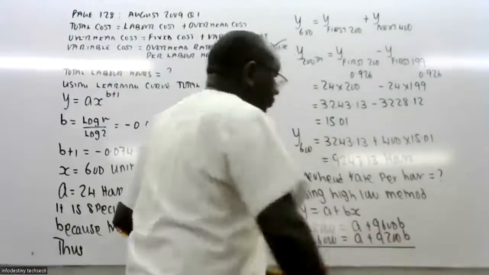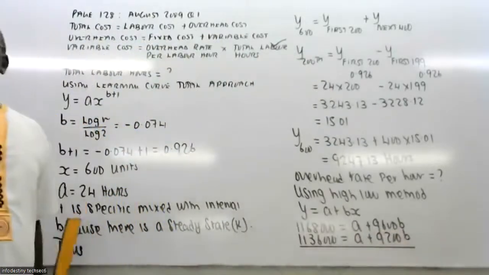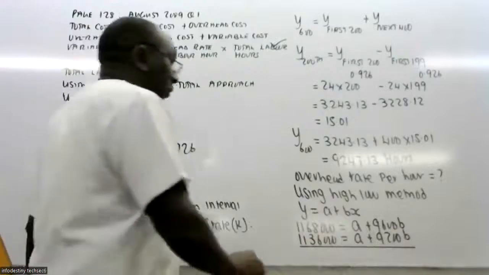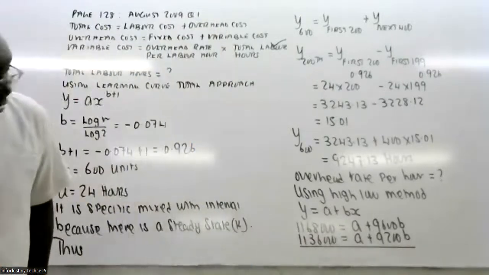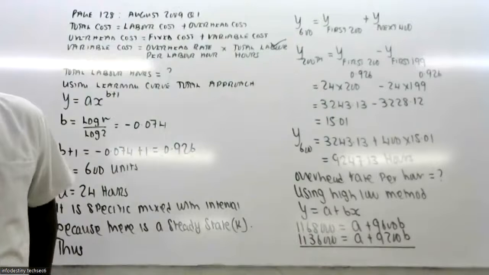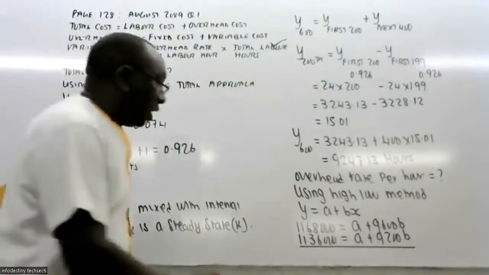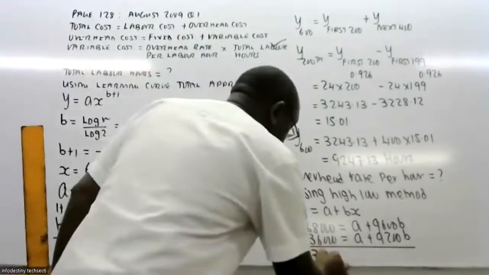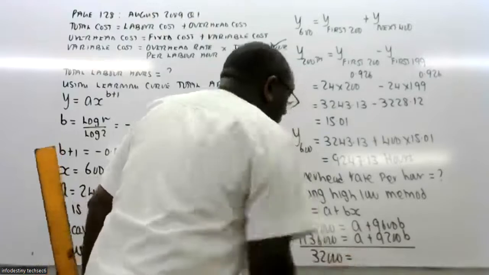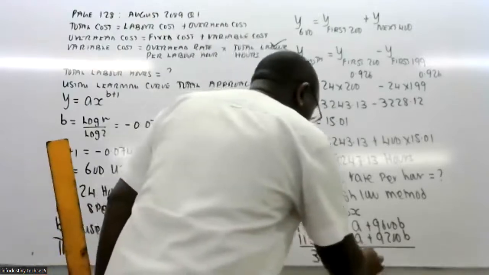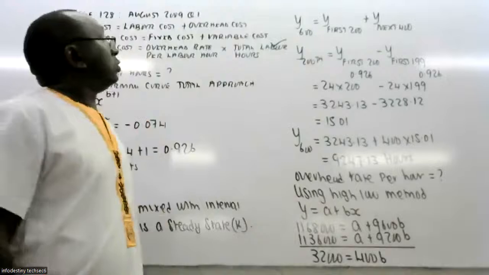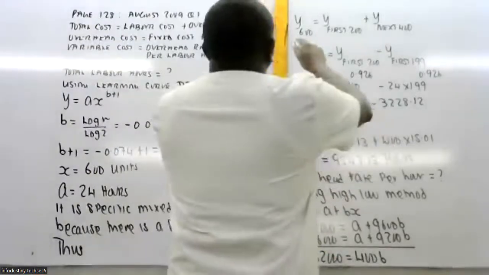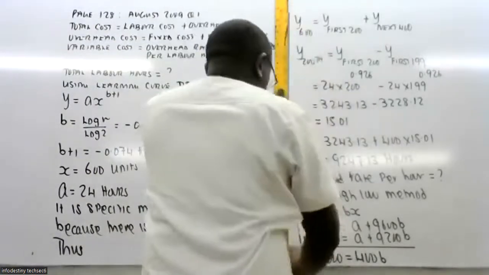So with this one, you say 1168 minus 1136 is 32,000, which is equal to 400b.